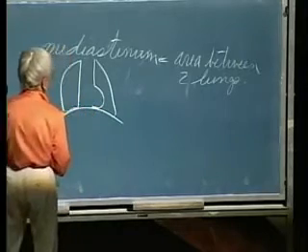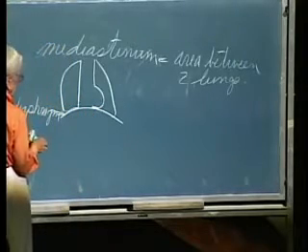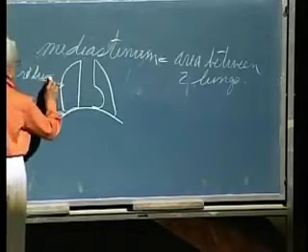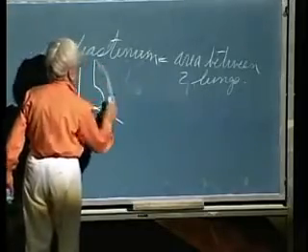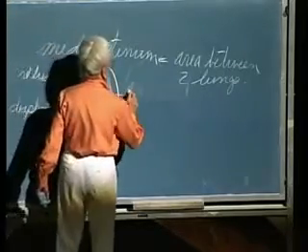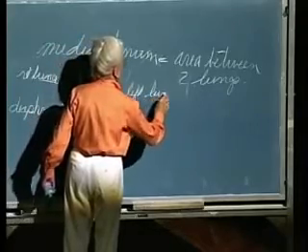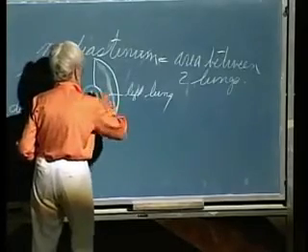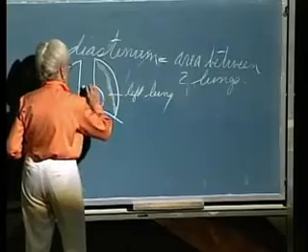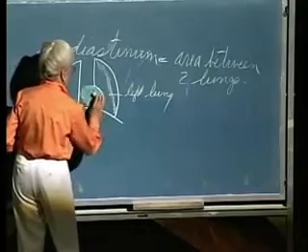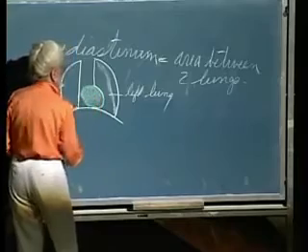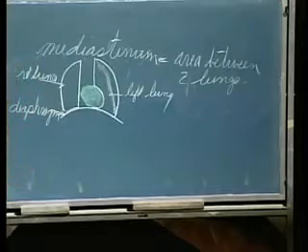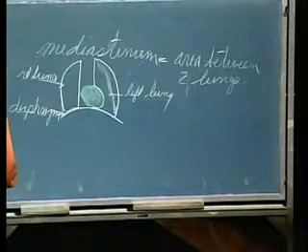This is right lung. Left lung. And we're going to put our heart in here. And as I said, the area between the two lungs is called the mediastinum. What other structures do we have in the mediastinum?